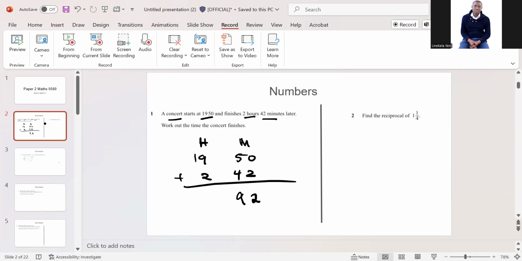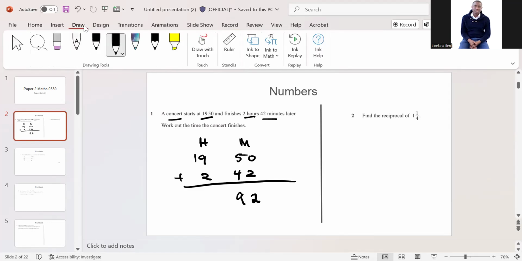Now we must remember that when you're dealing with time in particular, you can't have minutes greater than 60. So if I have 92 in this case, it means I can break this down and subtract 60, which will then give me 32.